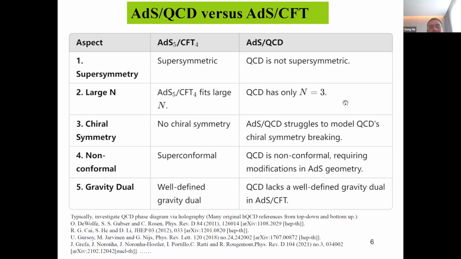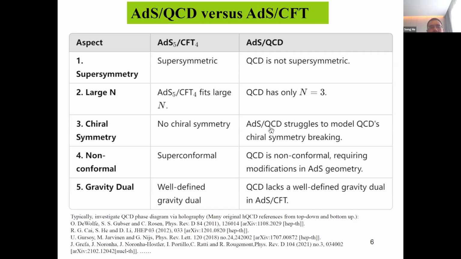But for realistic QCD, we only have three colors. And on the matter side, all the matter fields are in the adjoint representation, but in realistic QCD, the quarks belong to the fundamental representation. So we have to care about the so-called chiral symmetry breaking. In realistic QCD, the quark has mass, so chiral symmetry is explicitly broken.